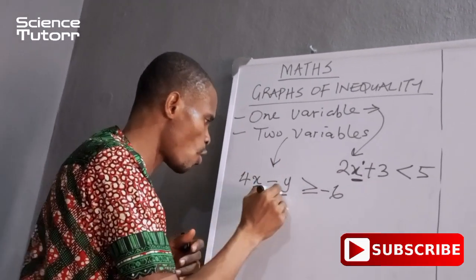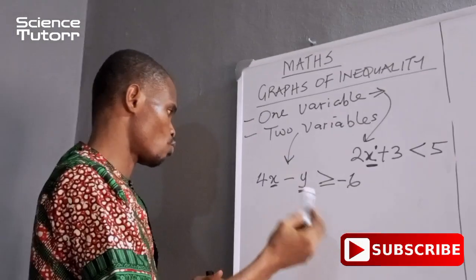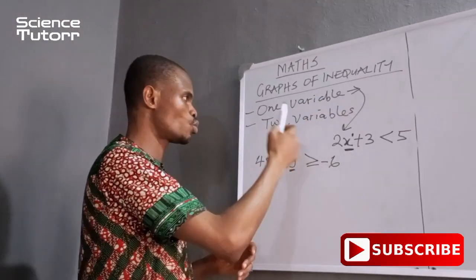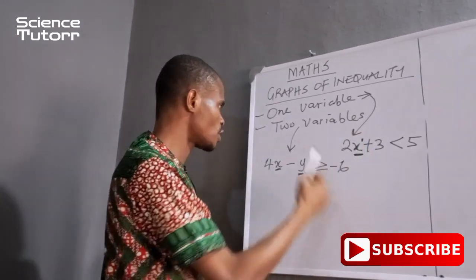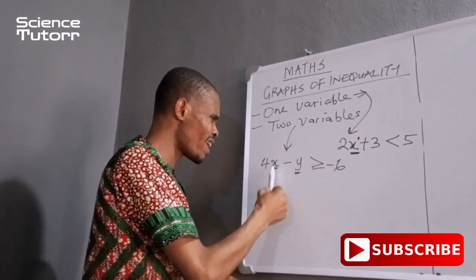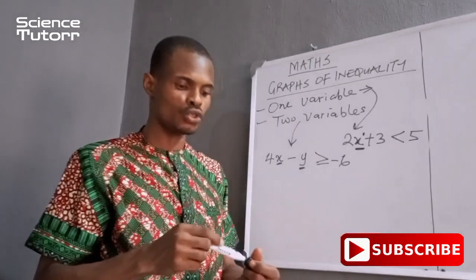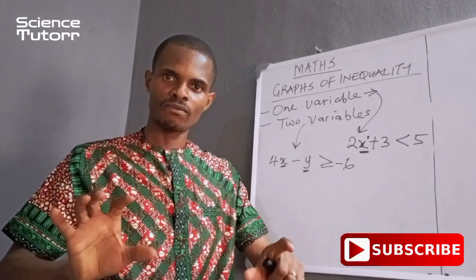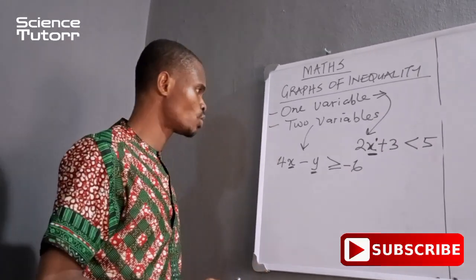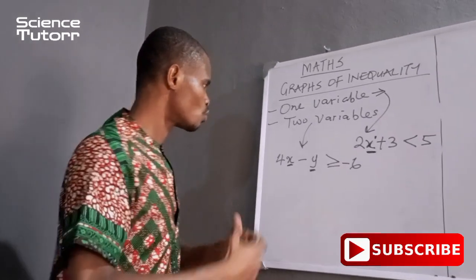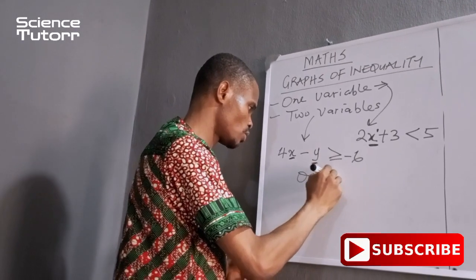So many times, the problems you will encounter could be either of one or two variables, where you'll be solving for the values of x. If it is for two variables, you'll be solving for x and y concurrently. And then, after which, you have your graph. Simple procedure. So we shall be looking at some examples on how to solve one variable problem.